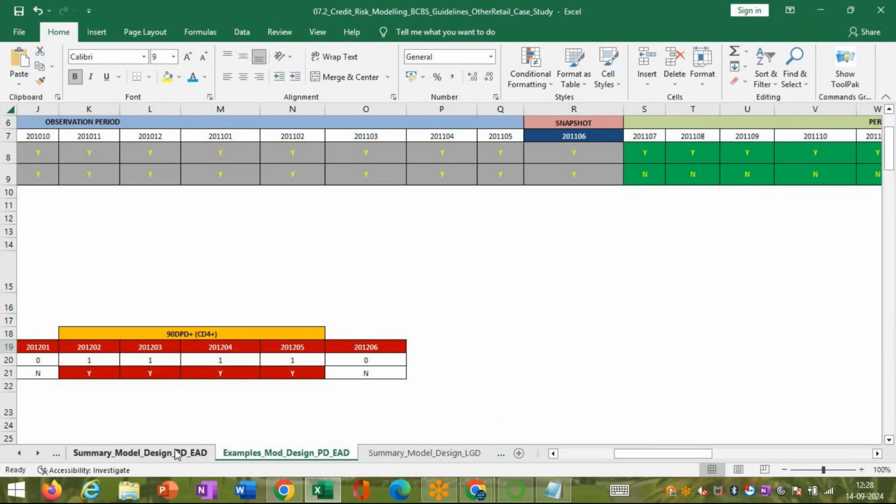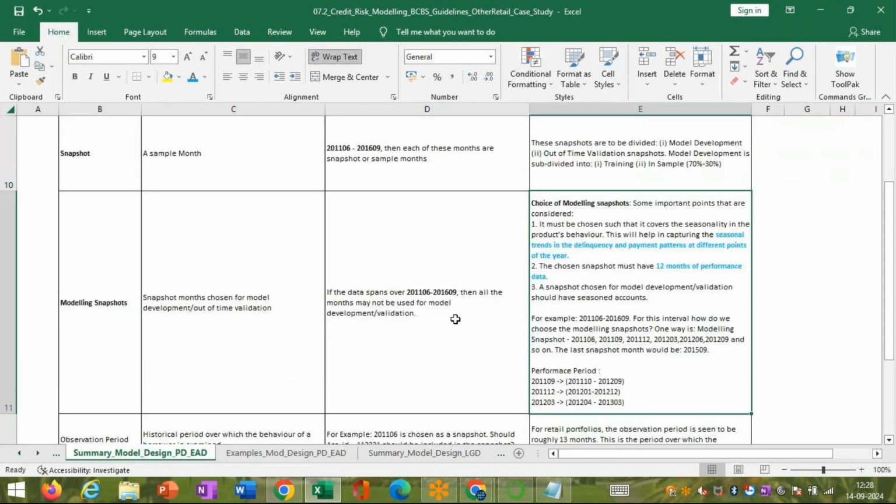And one thing that we had explained is that it's an ever defaulter definition. Once a defaulter, always a defaulter, right? So the chosen snapshot must have 12 months of performance data.